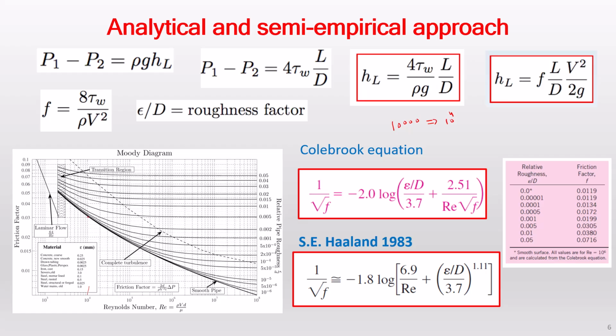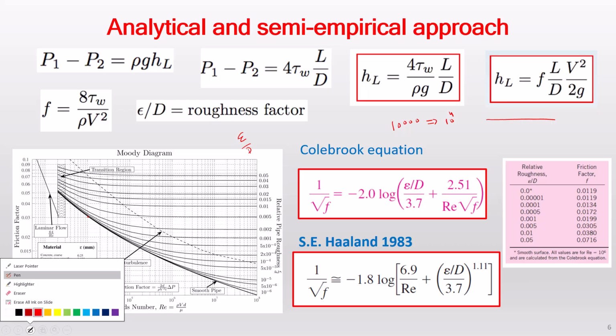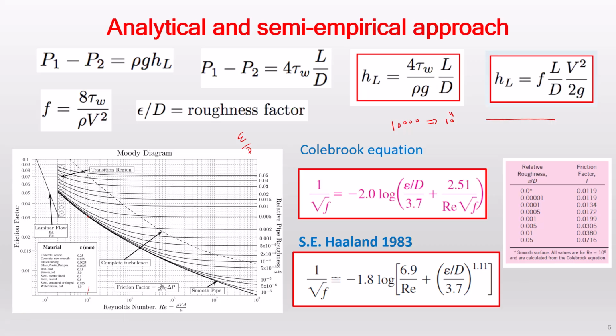We are not modeling any roughness there, and the roughness is given as a relative roughness, that is epsilon upon D. So what does it mean? It means that if the pipe has some roughness that you cannot see with your naked eye, but with microscopic apparatus the roughness will appear.